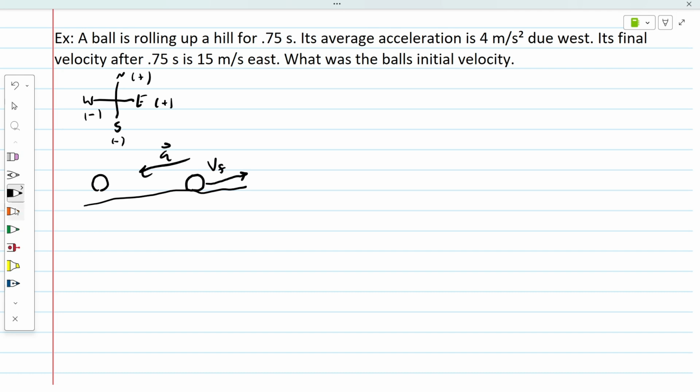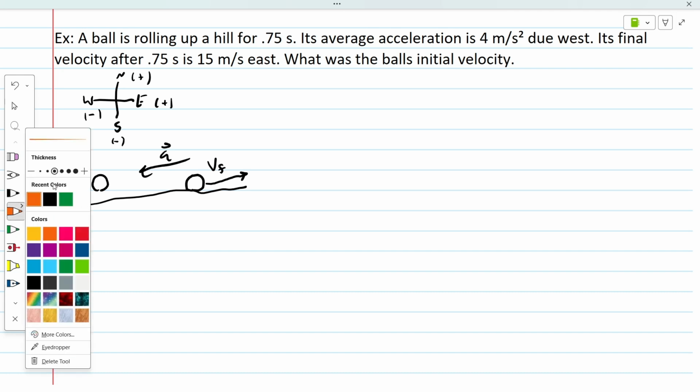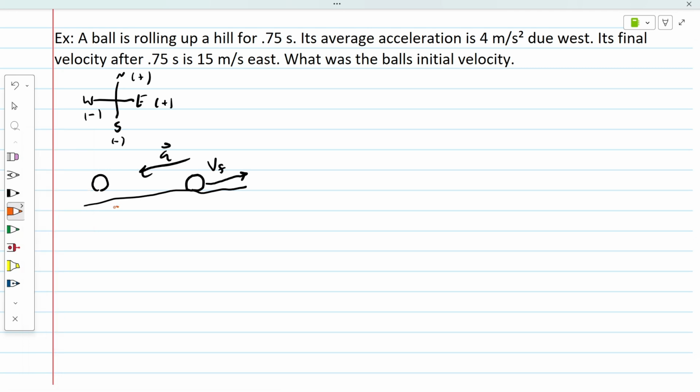Alright, so let's go ahead and list out what variables we are given. Make this a little bit thicker, I think. So we're given the time. The time that this is going on for is 0.75 seconds. We know the average acceleration is 4 meters per second squared.